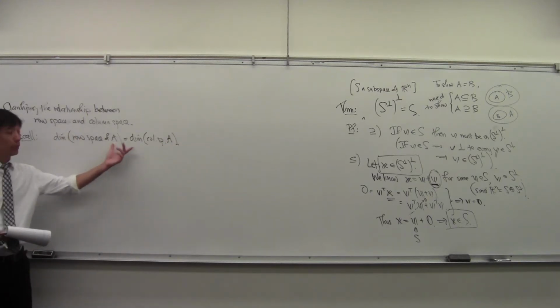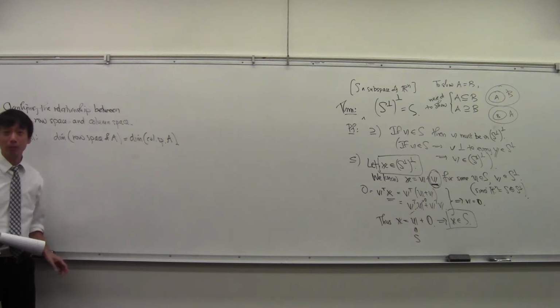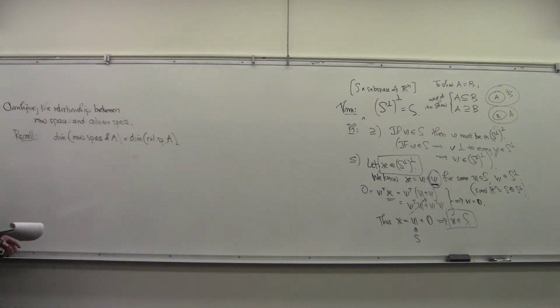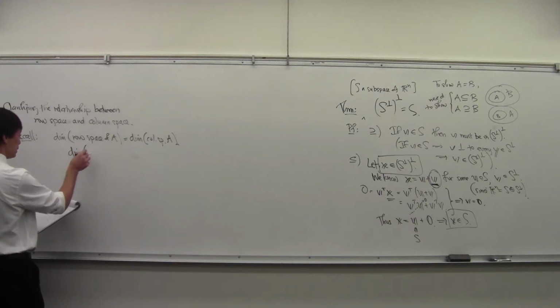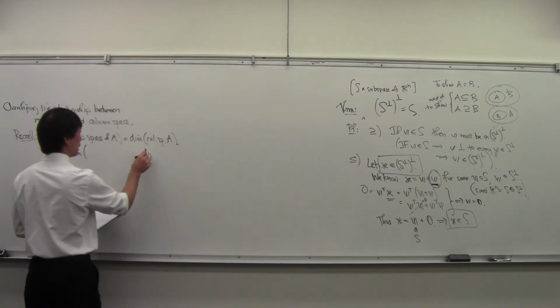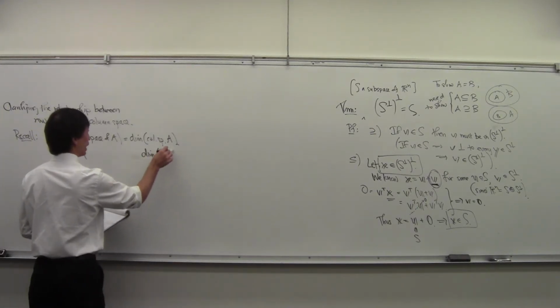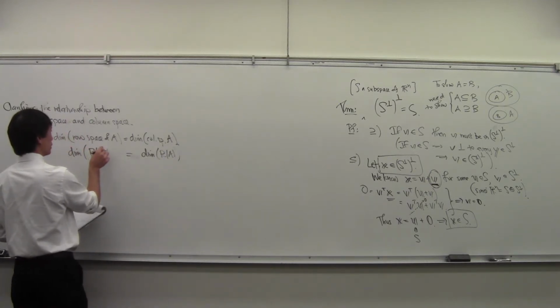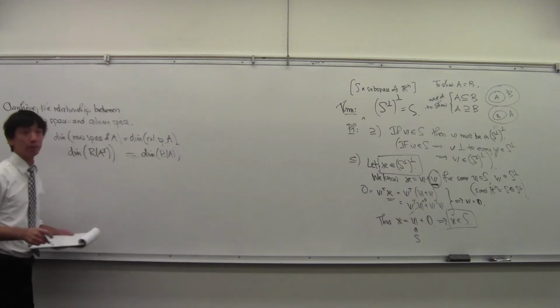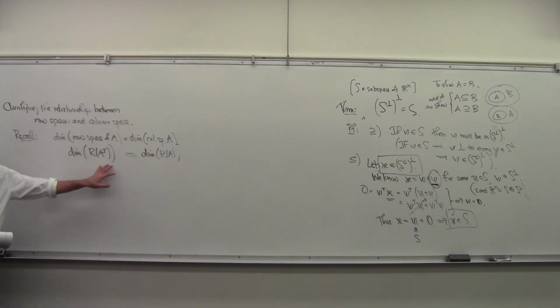And we defined this number to be the rank. In notation, this is saying that the dimension of the range of A equals the dimension of the range of the transpose. In our more sophisticated way of talking, this is what we say.